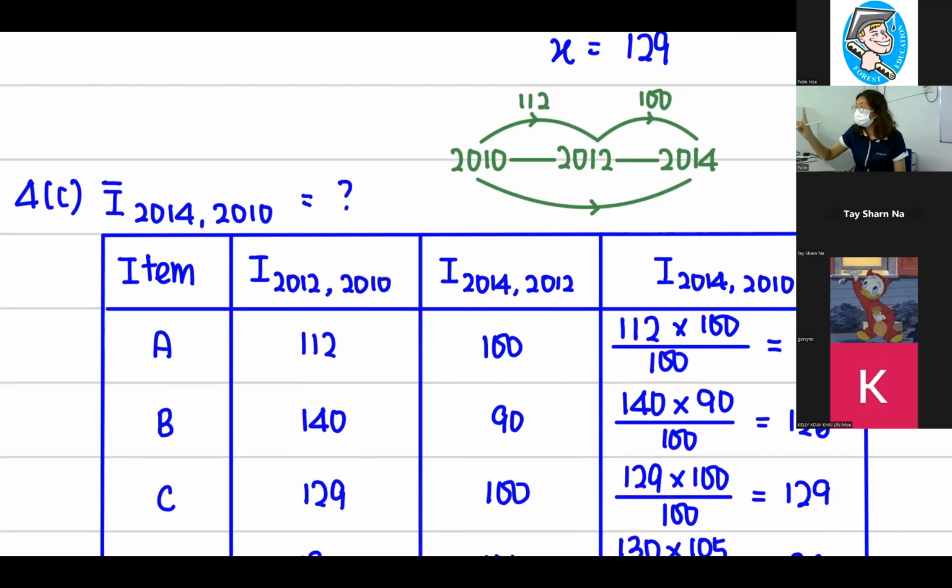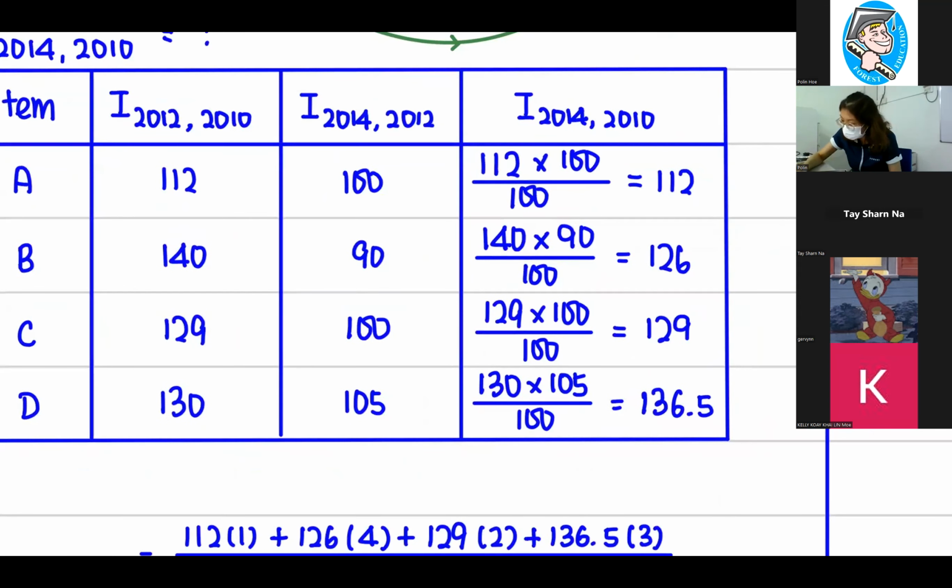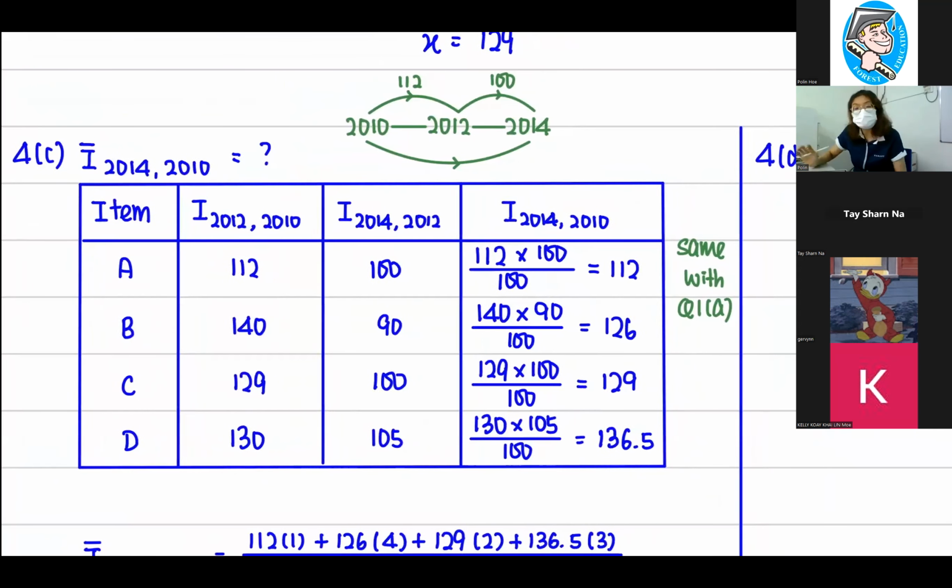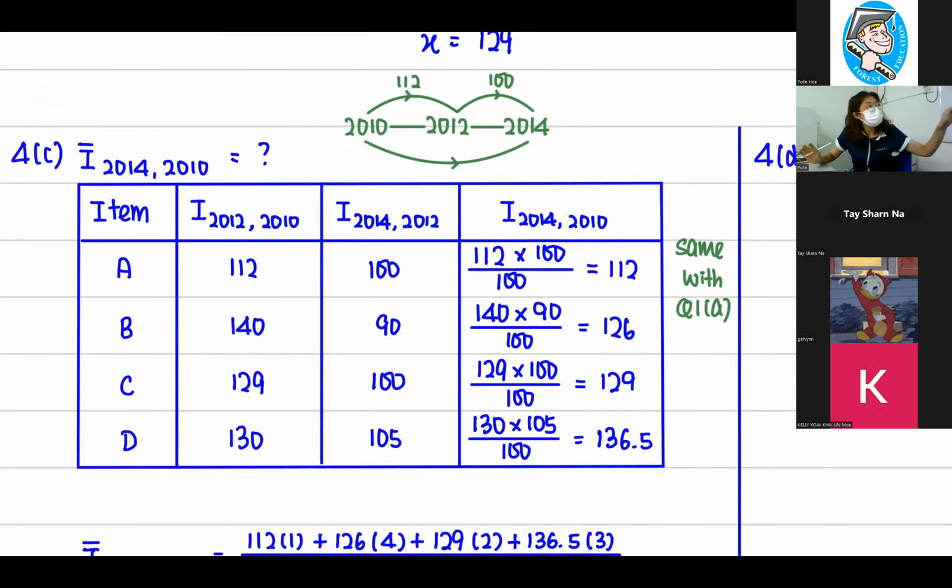If you want to play safe, you write everything out like question 1A. Same as Q1A, but that one is super duper long. This is the shortcut, the so-called leap method.